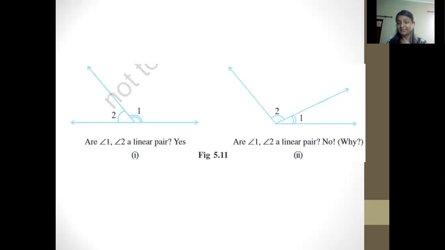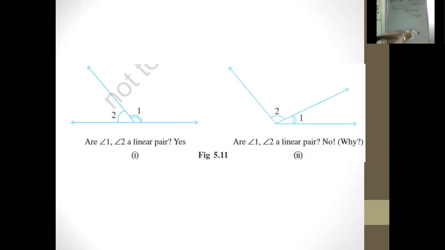Yes, exactly. If you are thinking it, yes, you are absolutely correct. It is a line. Let me draw on the board as well. Here's my diagram. You can think about the linear pair. Linear pair is the basic line, like a floor.